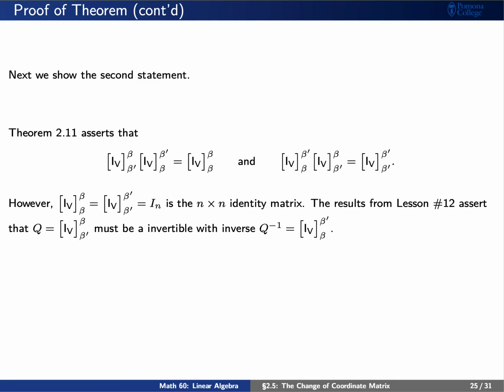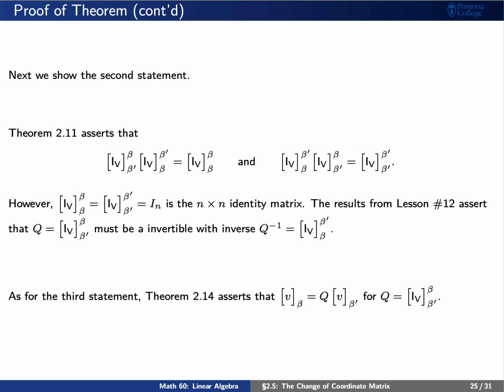It's easy to check that the matrix representation of I sub V going from a basis to itself is just the n by n identity matrix. So using the previous results, we see that the inverse of our matrix Q that we had on the previous slide will just simply be the matrix representation that, instead of going from beta prime to beta, now goes from beta to beta prime.